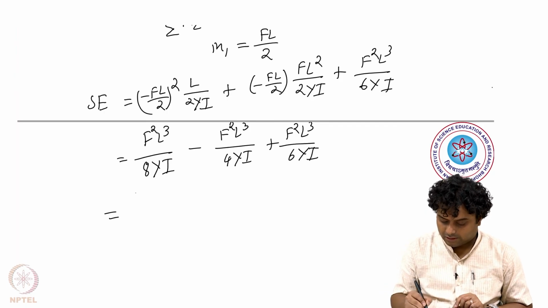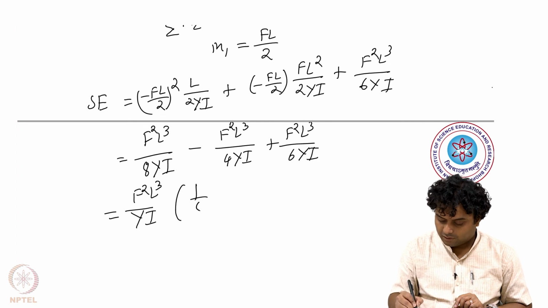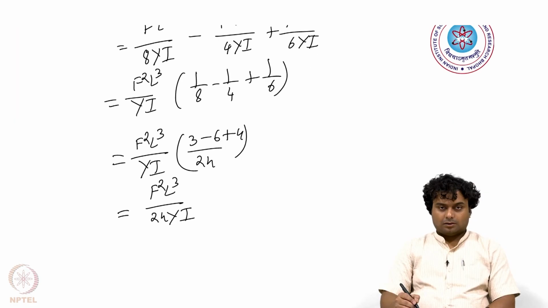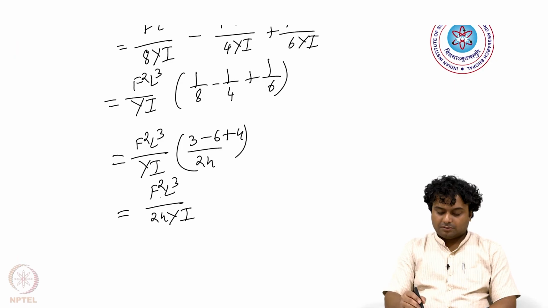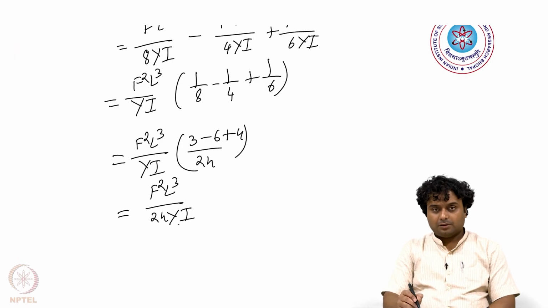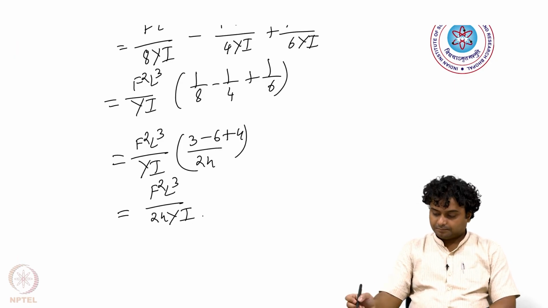Taking F square L cube by YI common, we get 1/8 minus 1/4 plus 1/6. Calculating, we get that the total strain energy is F square L cube divided by 24YI.